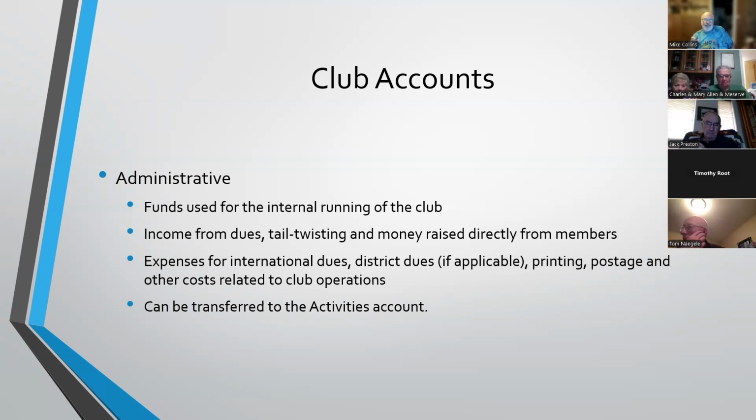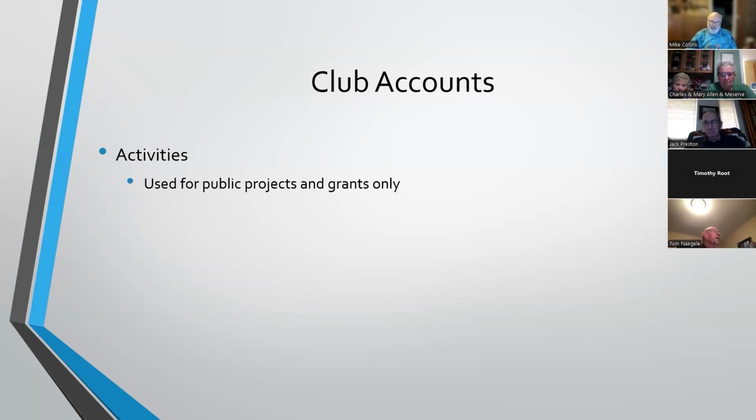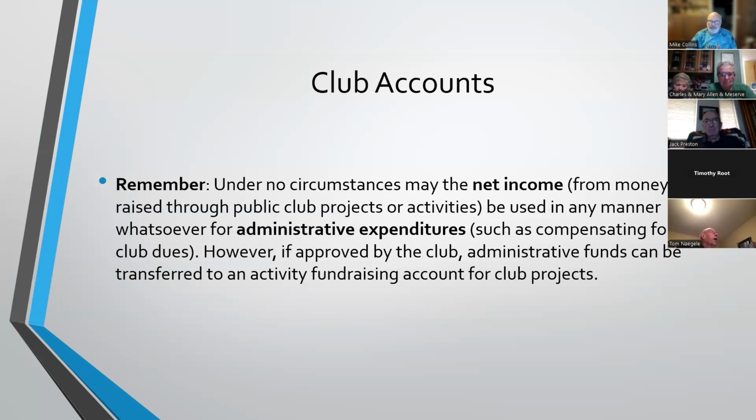That's how we can help fund our administrative account, because it can get pretty tight if you're only taking your dues and your tail twisting money. That's how we build this up. Typically every year we transfer all the extra money out of our administrative account into our activity accounts, and then we give it away. You just have to make sure it's not an event you're putting on.